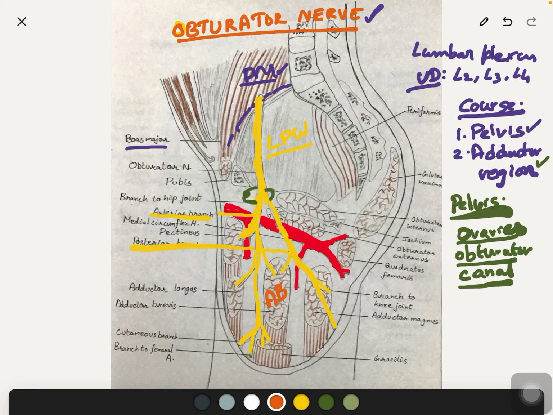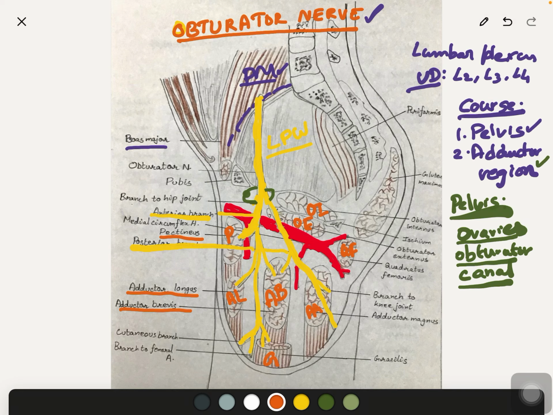This is a medial compartment muscle. Now we will see the medial compartment muscles. This is the pectineus, this is the adductor longus muscle, this is the adductor brevis muscle, and this is the adductor magnus muscle, and gracilis, quadratus femoris, which is the back muscle, and this is obturator internus and obturator externus, which cover the obturator foramen.